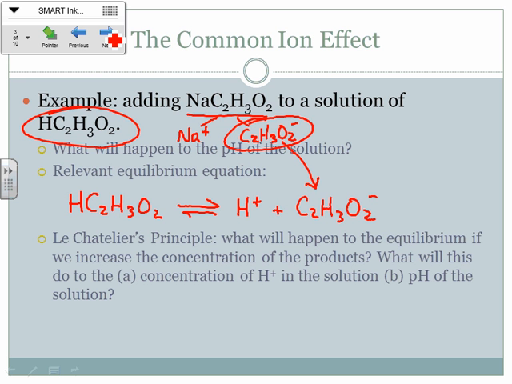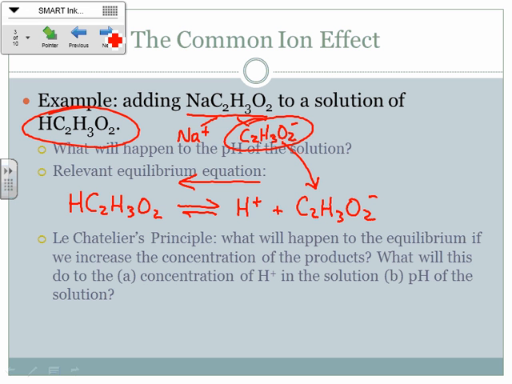So essentially what we're doing here, if you want to think about this in terms of Le Chatelier, when we put this salt into water, we're adding more of one of the products. So again, thinking Le Chatelier, if we add a product, that pushes the equilibrium back towards the reactants, because now there's more of the C2H3O2 minus to react with the H plus.